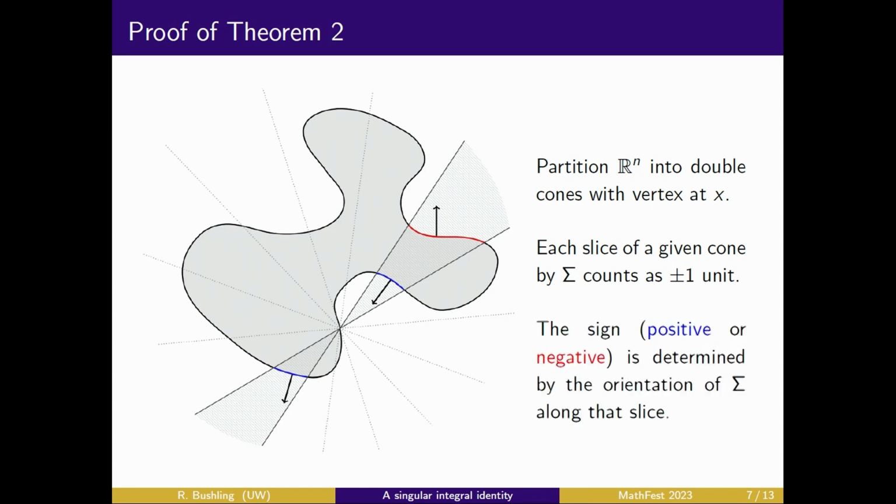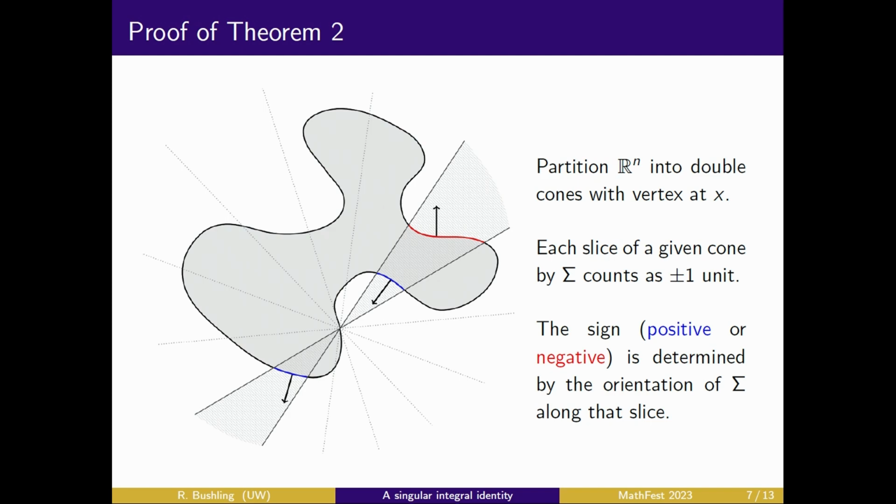So here I'm counting, let's see, little positive piece, so plus 1 unit, minus 1 unit. Everything in here just sums up to 1 unit, and that's because of the orientation cancellation condition. So the OCC is precisely giving to me that in each double cone I get plus 1 unit, plus 1 unit, plus 1 unit, plus 1 unit. And when you add it all up, things are normalized in such a way that you always get alpha n minus 1. So that's the proof.